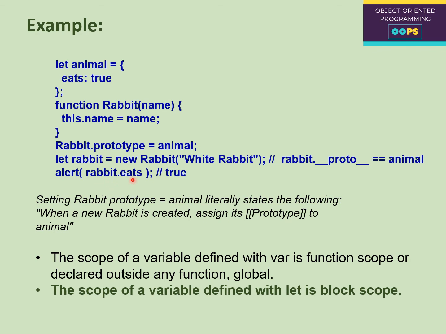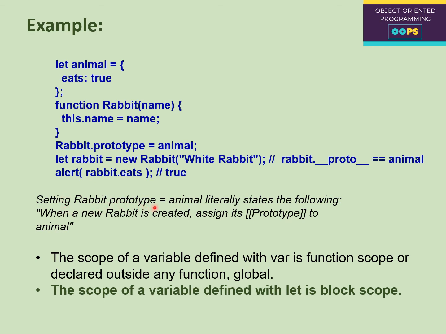Actually, eats is a value which is declared in the animal block. Before accessing that, it was already specified that Rabbit.prototype = animal. Animal is already added to the Rabbit function, so that each property can be accessed using the small rabbit. So it produces the value true.